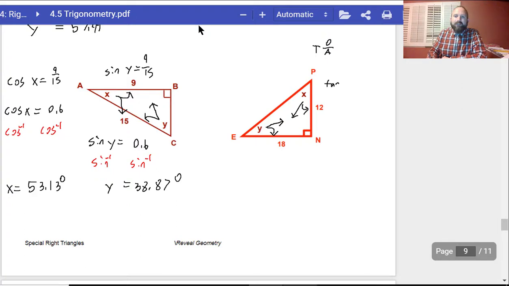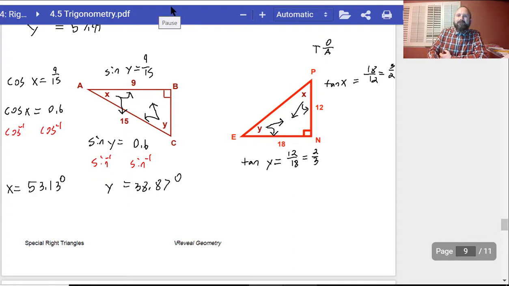The tangent of x is equal to 18 over 12, which is equal to, divide by 6, 3/2. And the tangent of y is equal to, flip it, 12 over 18, or 2/3. Now we just have to do it. Give me the answers in 3, 2, 1.